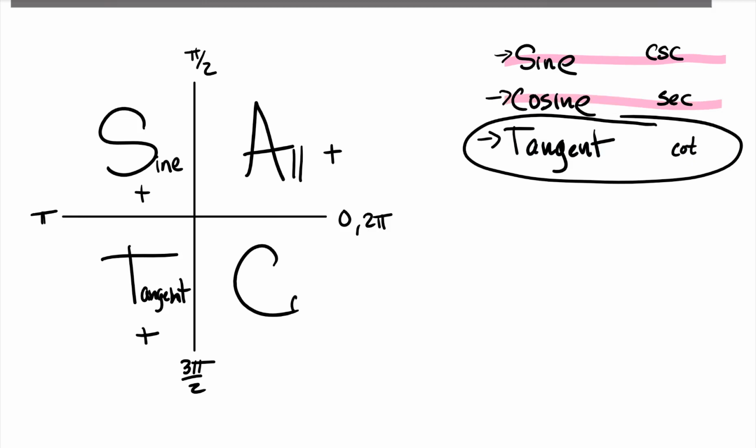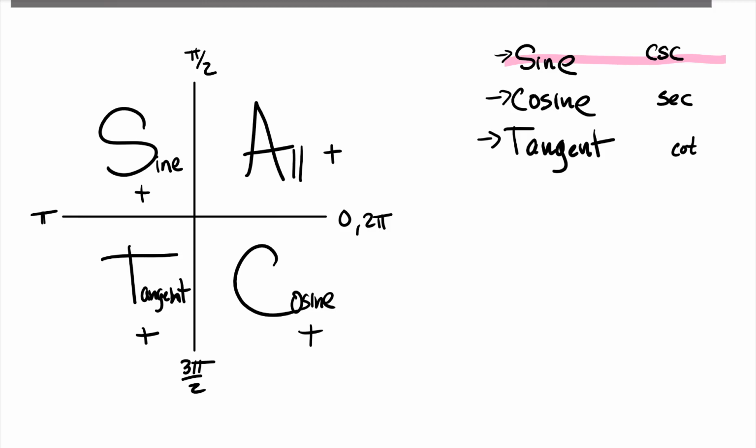We move down to our last one, and in quadrant 4, only cosine is positive. That means cosine and secant are positive, but sine and cosecant, tangent and cotangent are negative. This is huge for solving stuff. Sorry, my voice cracked. ASTC, know where things are positive.